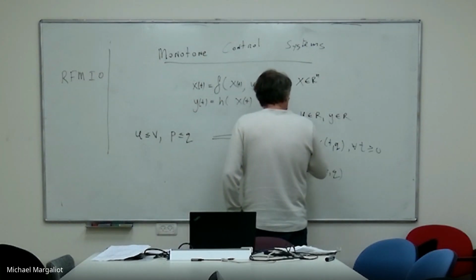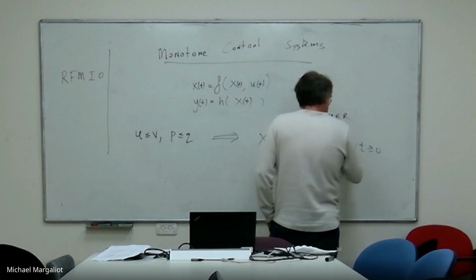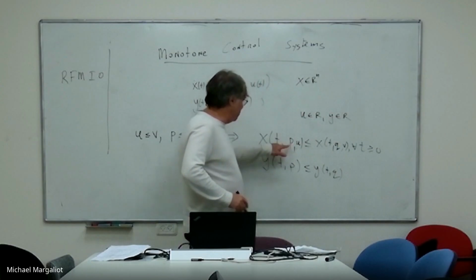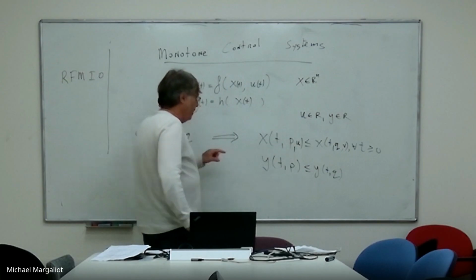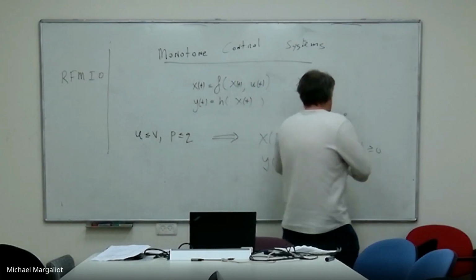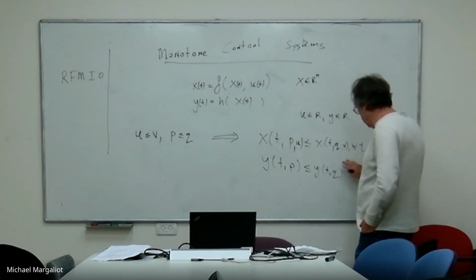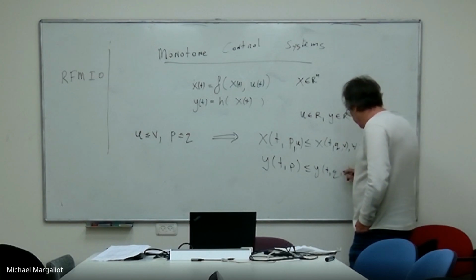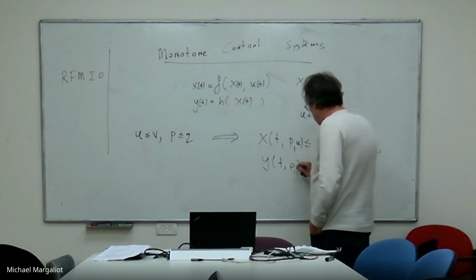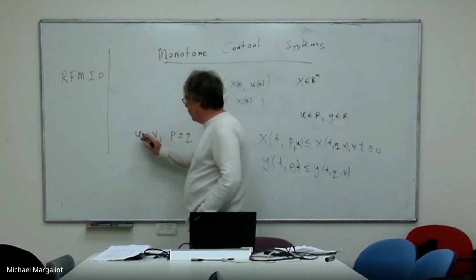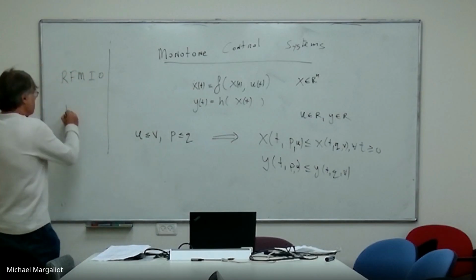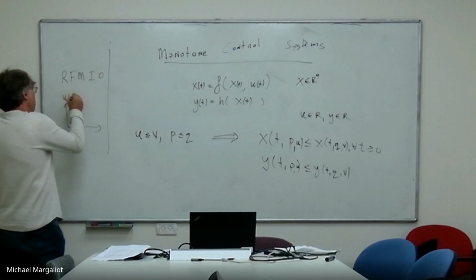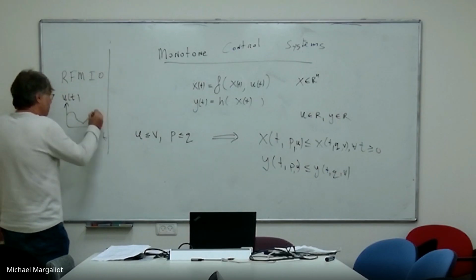The solution corresponding to initial condition P at time 0 and the control U, and this is initial condition Q and control V. So now we assume that there is also an ordering between the controls. Now the controls are scalar functions, okay? So one control, ut, and also vt is some scalar function.